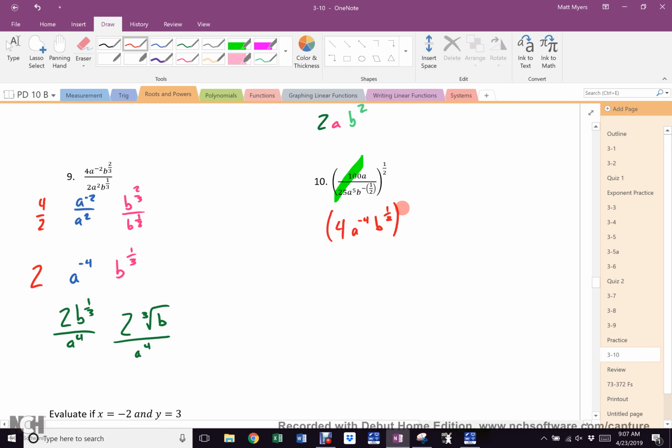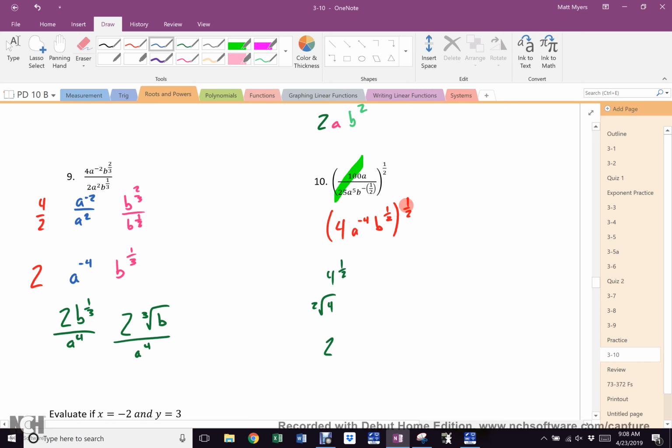Now, all of that is to the 1/2. How many 1/2s do you get? You only got to send it to 3 things, right? So what's the first one? 4 to the 1/2, which is the same as the square root of 4, which is 2. What are you going to do with 1/4 and 1/2? Or 4 and 1/2?